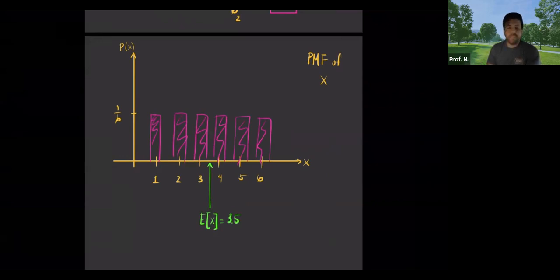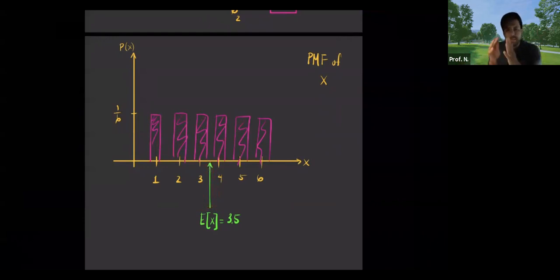Another way to interpret the mean or the expected value of a random variable is, consider this to be a scale, right? And you have weights. These are different weights, and they're equal weights, and you want to place a fulcrum at a particular point so that it balances out the weights.